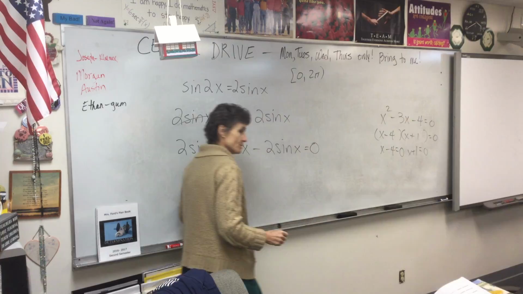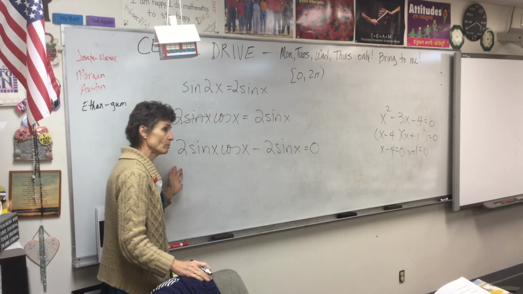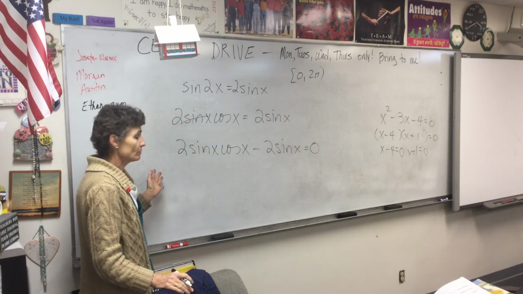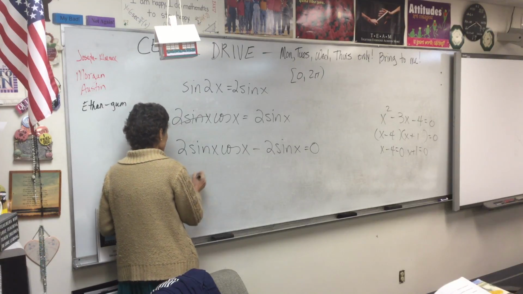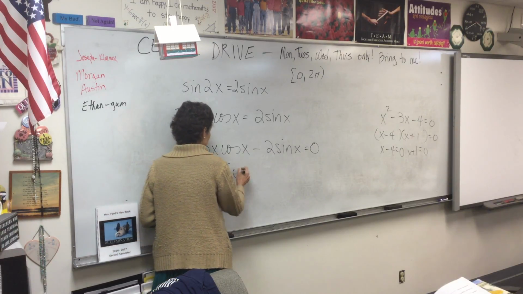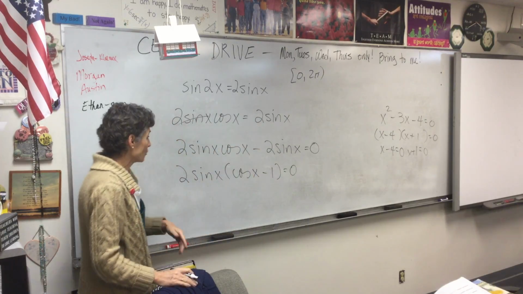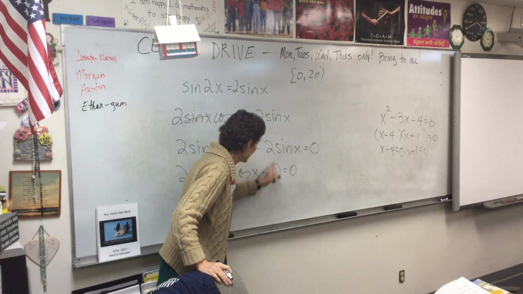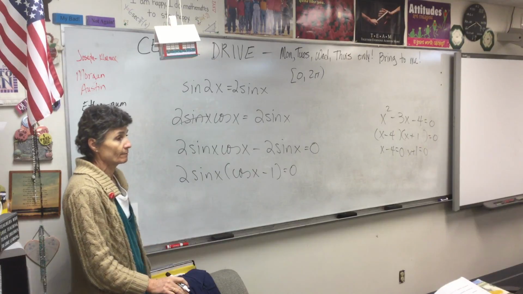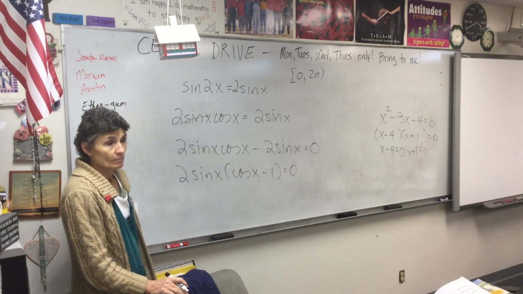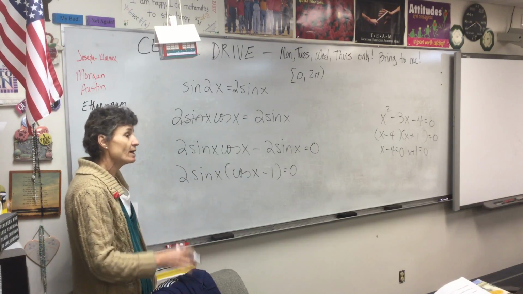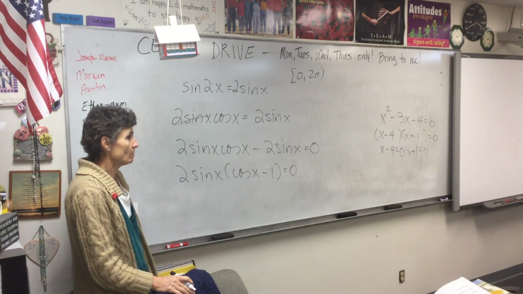Well, I wonder if I could do something similar with this. Is it factorable? Yeah. What can you do? Take out a 2 sine. Don't forget, when you take out the whole thing, you have to have a placeholder 1 in there. Now, what's the beautiful thing about having it equal to 0?